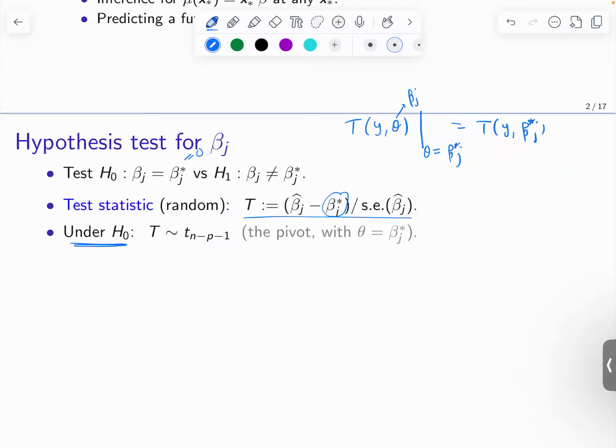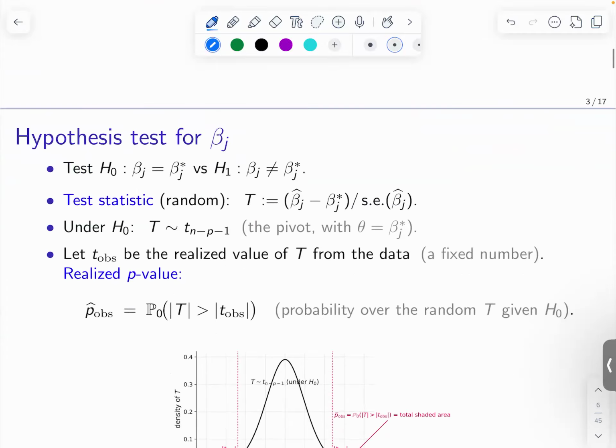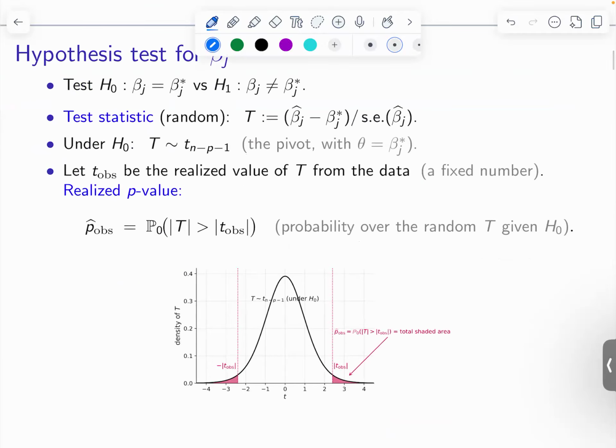So you can use this as a test statistic if you know the distribution, and we know the distribution. What happens is I can now compute, for example, a p-value, which is an equivalent way of constructing the test that we discussed. So here I'm going to distinguish between the observed value of quantities versus that abstract random variable. So T is a random variable.